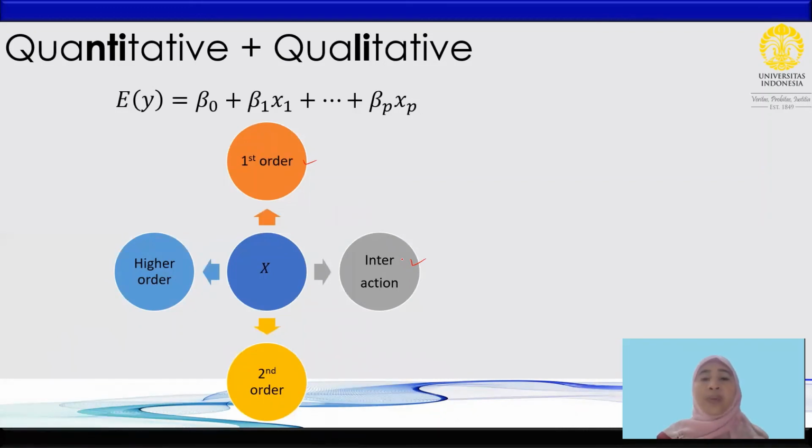There is also a procedure to determine that. And again, whether we should include a second order model or even higher order terms in our model.